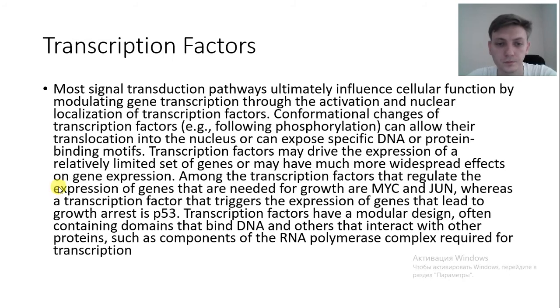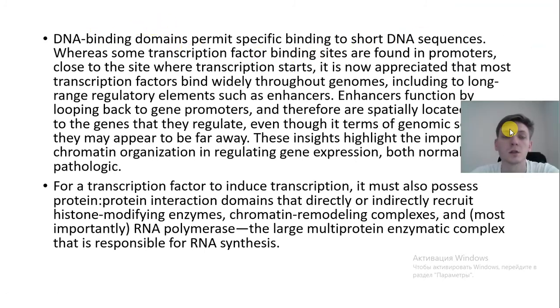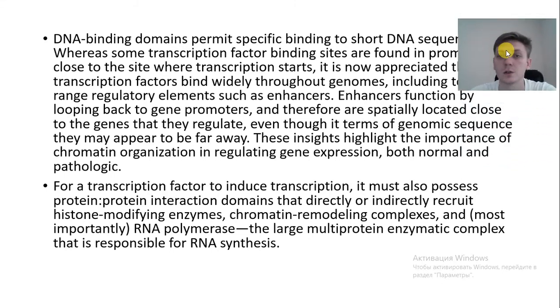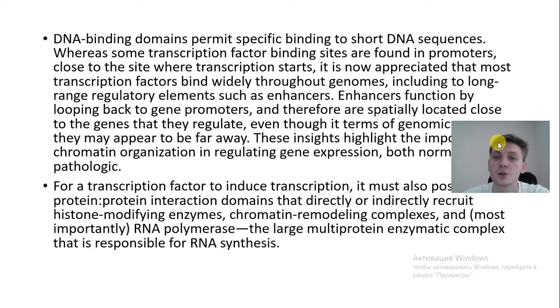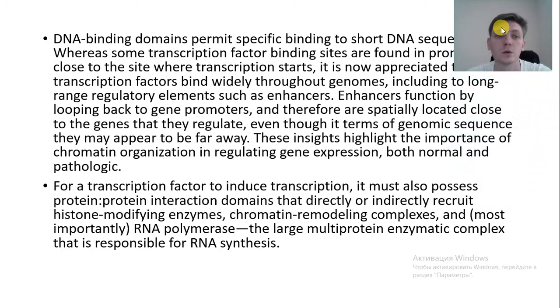Transcription factors have a modular design, often containing domains that bind DNA and others that interact with other proteins, such as components of the RNA polymerase complex required for transcription. DNA binding domains permit specific binding to short DNA sequences. Whereas some transcription factor binding sites are found in promoters close to where transcription starts, it is now appreciated that most transcription factors bind widely throughout genomes, including to long-range regulatory elements such as enhancers.